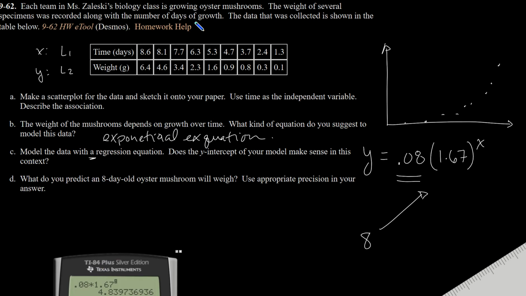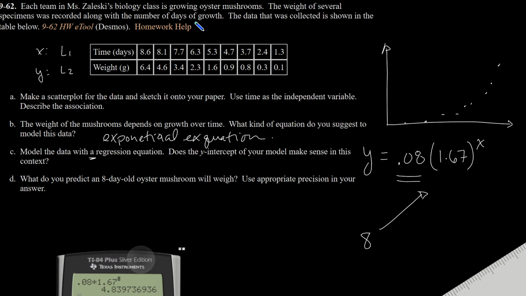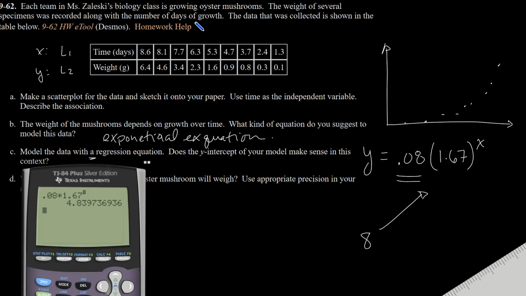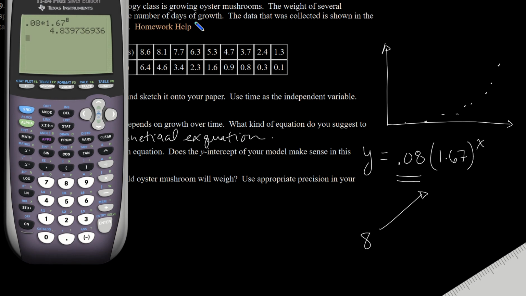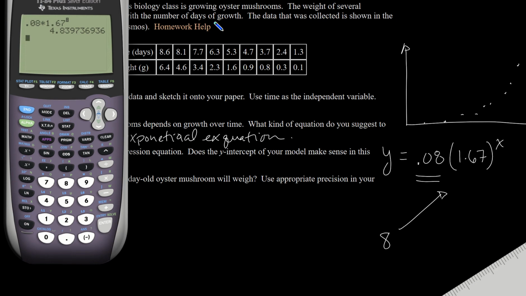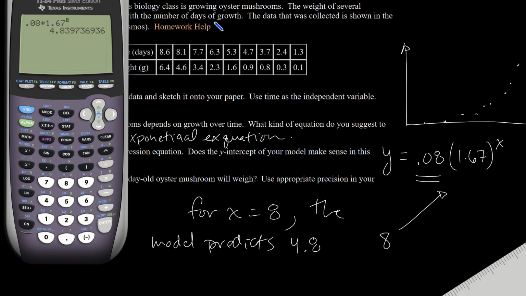What does it say? It says, what do you predict an 8-day-old oyster mushroom will weigh? Okay, so I predicted 8 days. That's interesting. For x equals 8, the model predicts 4.8 grams.